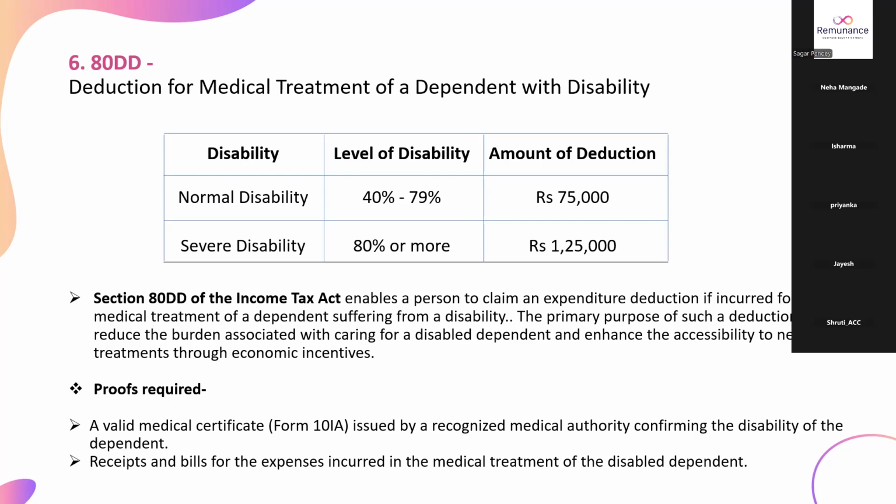Here you have to attach a valid medical certificate in the form of Form 10IA, which is issued by a recognized medical authority and also confirms the disability of the dependent. Also, you can attach receipts and bills for the expenses incurred in the medical treatment of the disabled dependent.